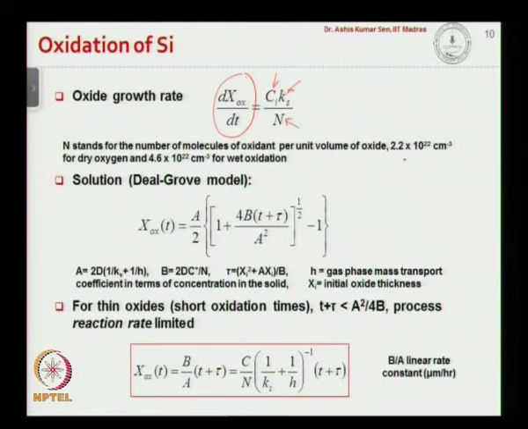Typically it has a value of 2.2 into 10 to the 22 per centimeter cube for dry oxygen, and about two times that for wet oxidation, about 4.6 into 10 to the 22 per centimeter cube.